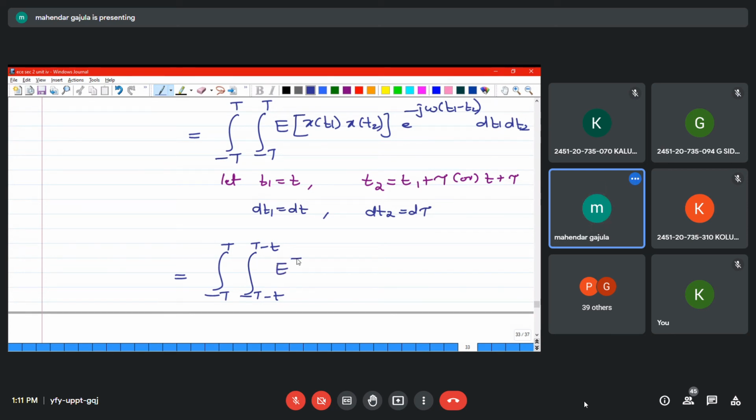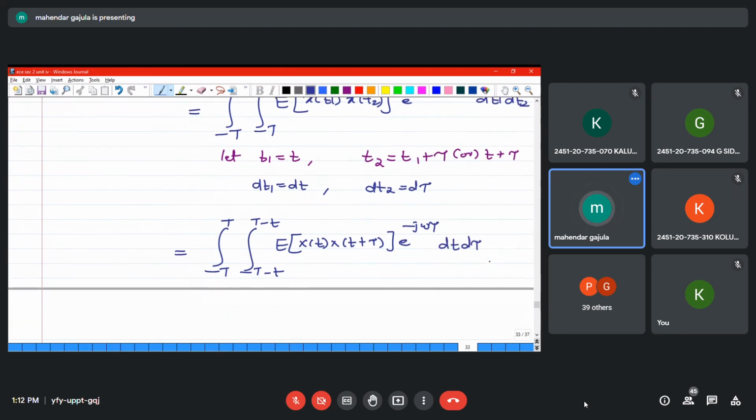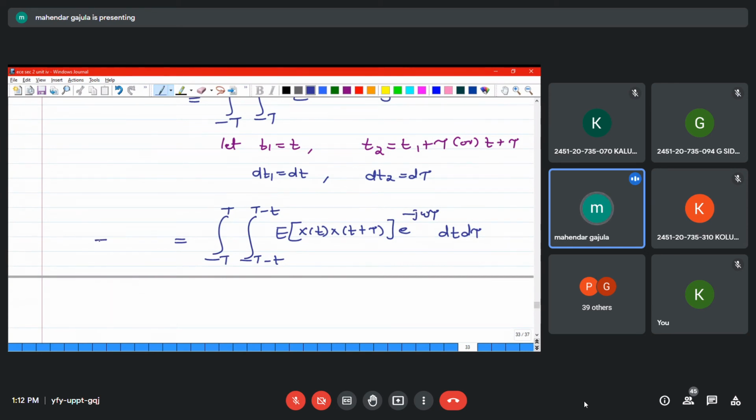Expectation of x(t), t2 is t plus tau, e power minus j omega, it becomes tau, dt d tau. This is the expectation of mod X(omega) square.